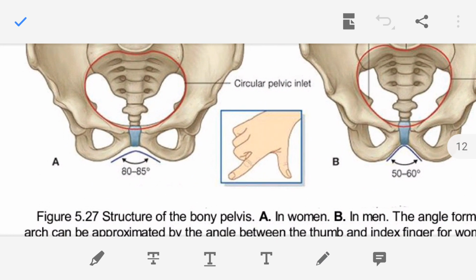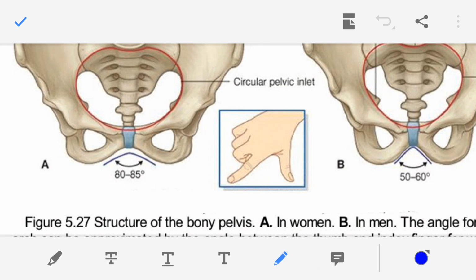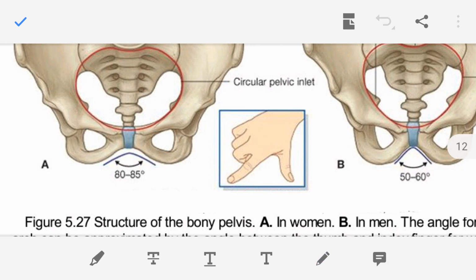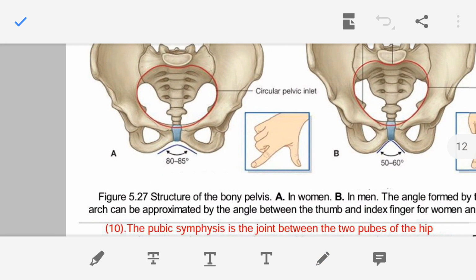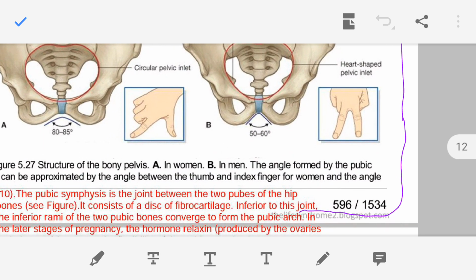In short, the pubic arch of a woman measures 80 to 85 degrees.